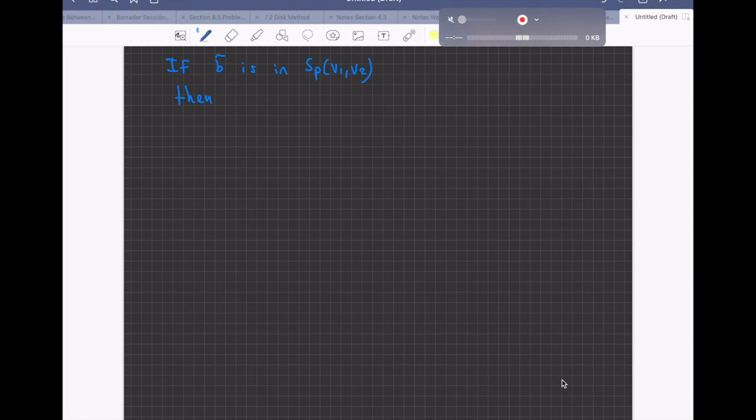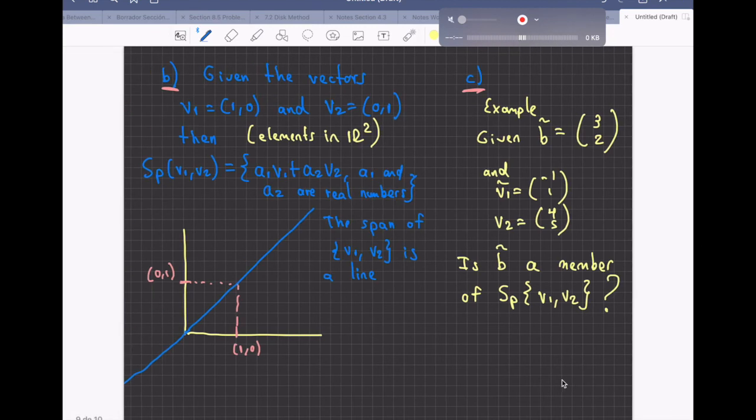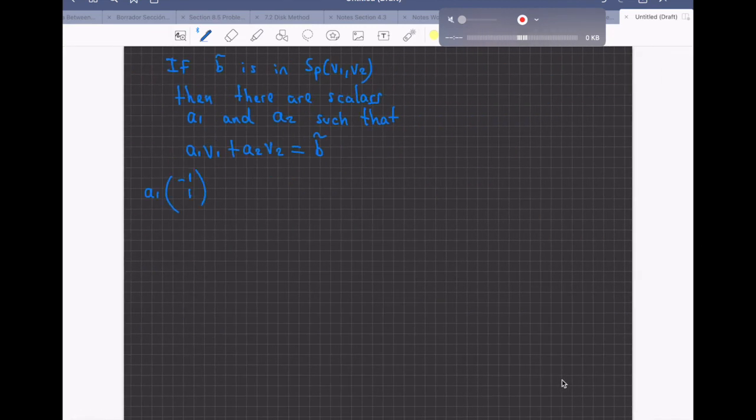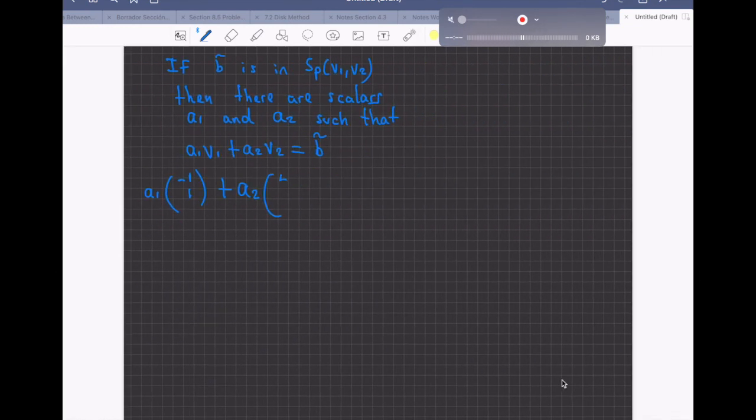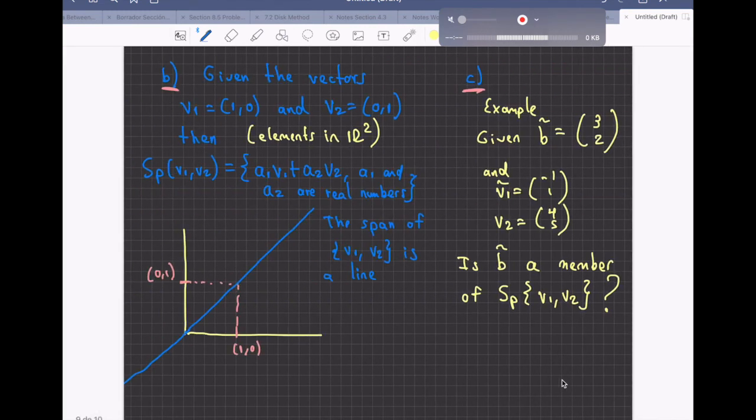Then there are scalars A1 and A2 such that A1 B1 plus A2 B2 is equal to B. Or in other words, A1 times, what is B1? (-1, 1), plus A2 times, what is B2? (4, 5), is equal to B. What is B? It is (3, 2).